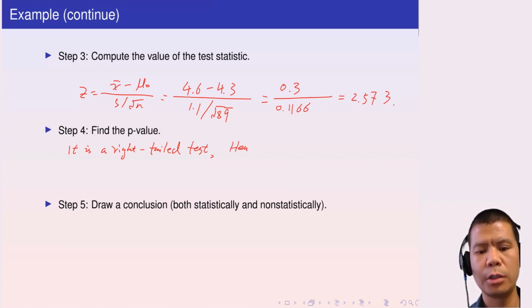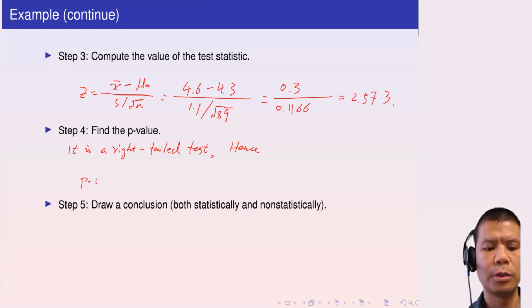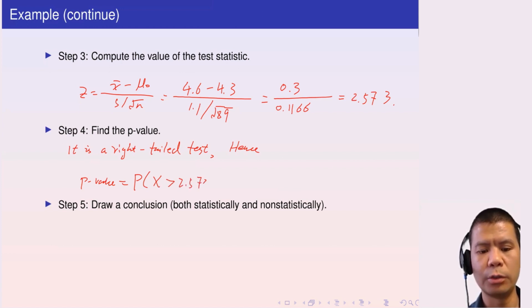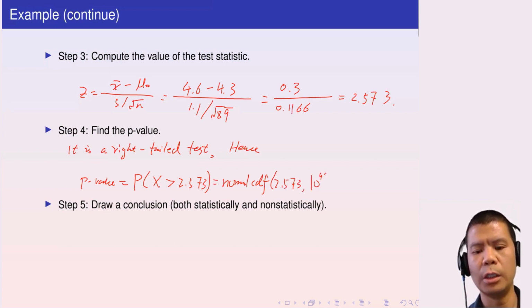Hence the p-value equals the probability that z is greater than 2.573, which equals normal CDF from 2.573 to 10 to the power 99.